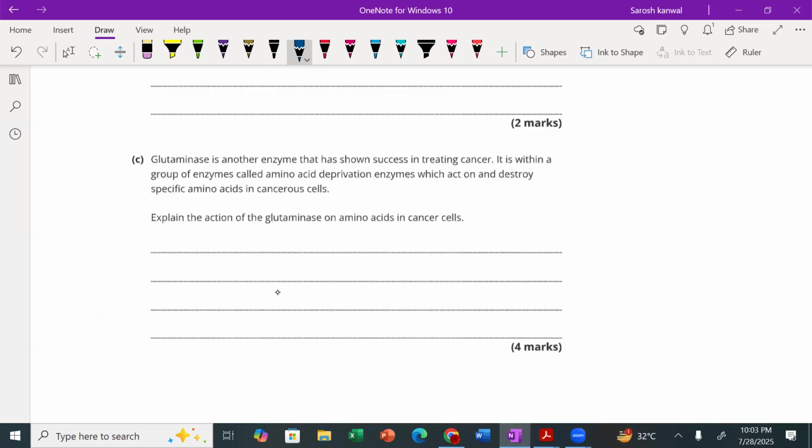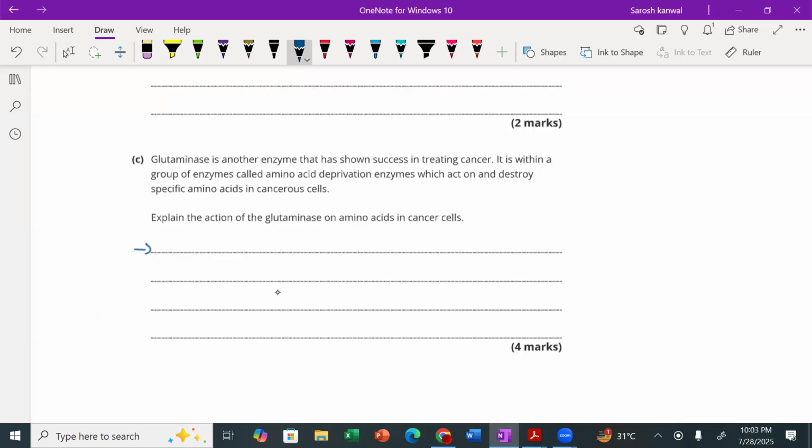They require a large amount of glutamine for energy production and synthesis of nucleotides. My third point is glutaminase disrupts cancer metabolism by converting glutamine to glutamate. My fourth point is normal cells can survive with lower levels of glutamine or can use alternative pathways.